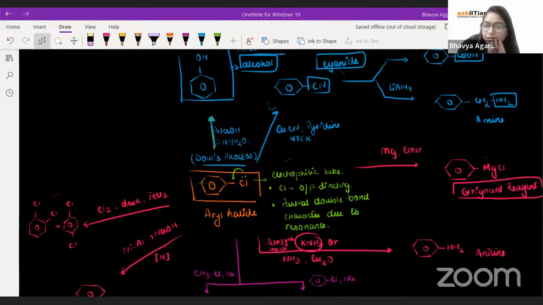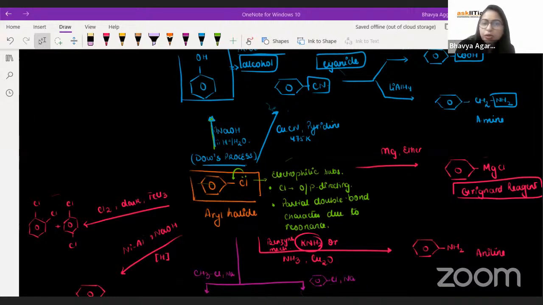Let's move to the next. Temperature condition 0 to 5 degrees was for this aniline diazonium reaction. It was for the diazonium reaction, 0 to 5 degree temperature. Now, again, same sort of reactions.